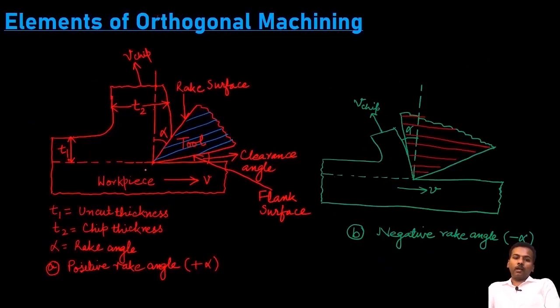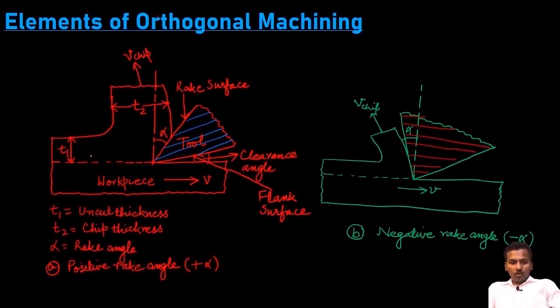Come to the elements of the orthogonal machining process. I have discussed that the chip flows making contact with the rake surface. Here the relative velocity between the tool and workpiece is v. This is the chip velocity, v chip.